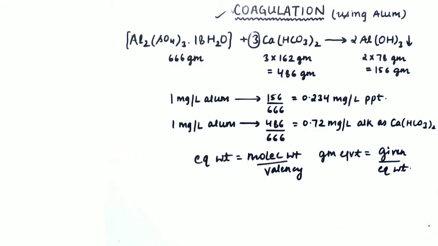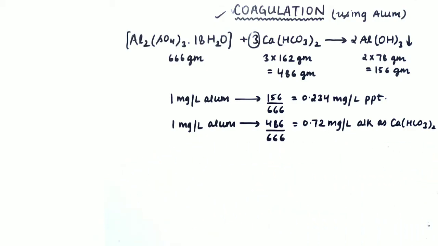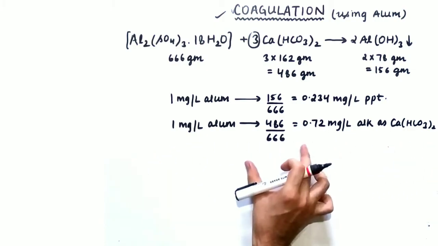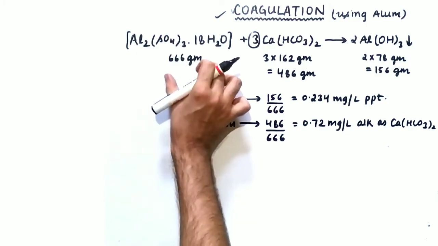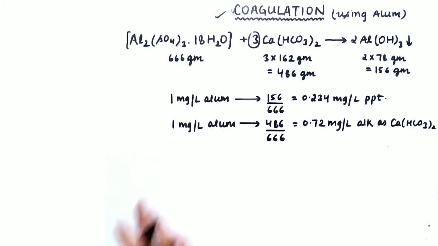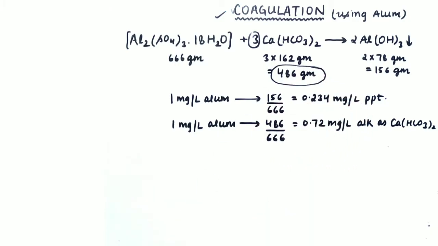Gram equivalence is also called the number of equivalents. So I hope these two formulas are clear to you. Now let us turn this alkalinity in terms of CaCO3. So basically this 666 will be common because this is the mass of alum. We need to convert this 486 grams in terms of CaCO3. I hope you all get this.